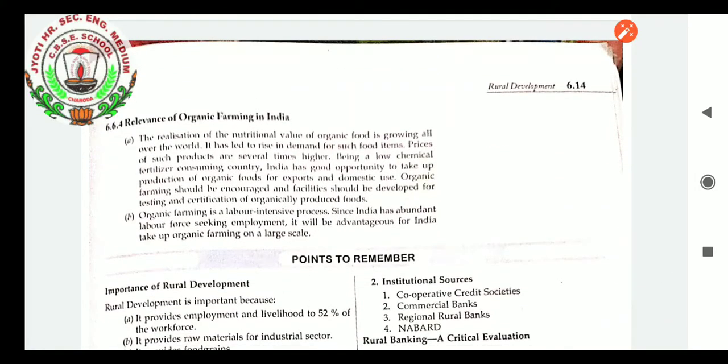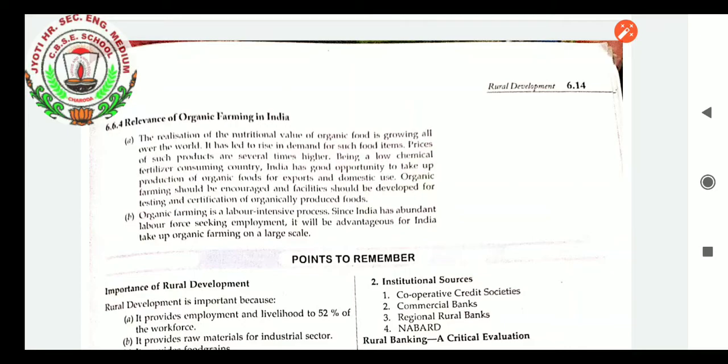Relevance of organic farming in India, when we see, the realization of the nutritional value of organic food is growing all over the world. It has led to rise in demand for such food items. Prices of such products are several times higher. Being a low chemical fertilizer consuming country, India has good opportunity to take up organic farming for the production of organic foods for export and domestic use.